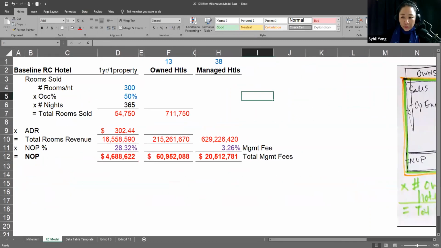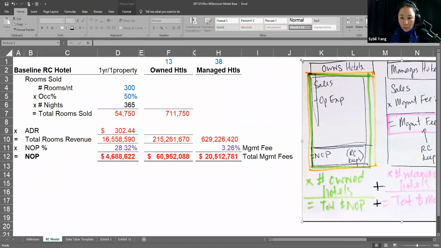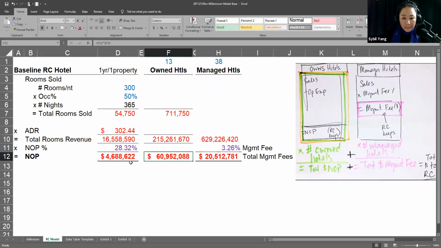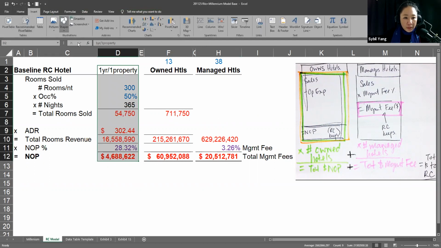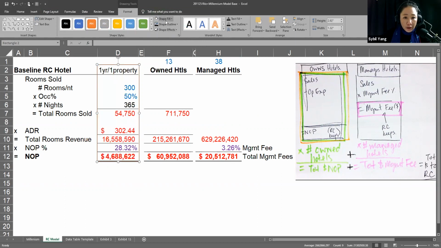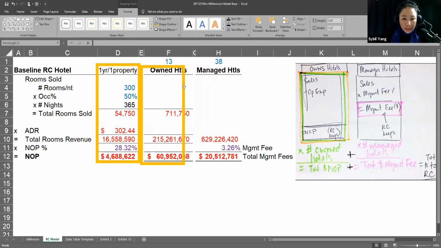So if I zoom out and go back to our plan here, this is our orange section of a single model. That's our single model. This is the green part.